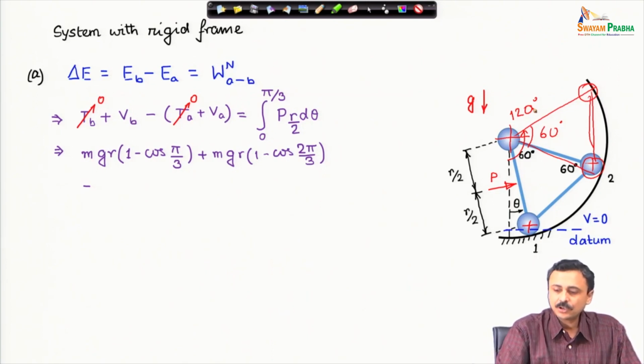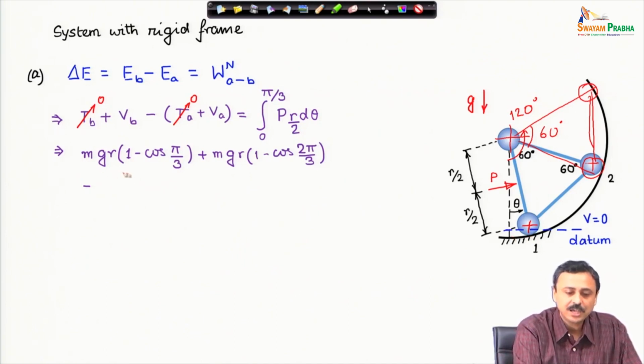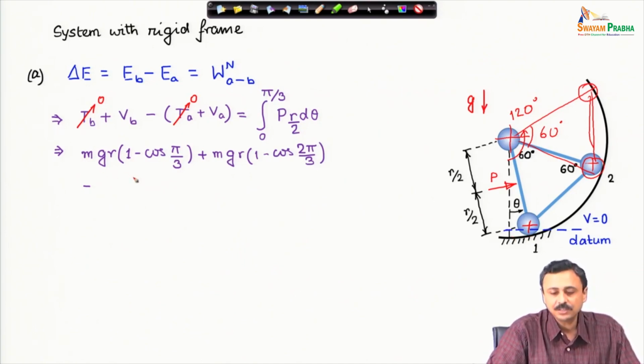The potential energy of the individual mass particles you can write down. For the lower mass particle, it is mgr(1 minus cosine of pi by 3). For the upper mass particle 2, it is mgr(1 minus cosine of 2 pi by 3), where 2 pi by 3 is 120 degrees, because the second particle reaches this level.